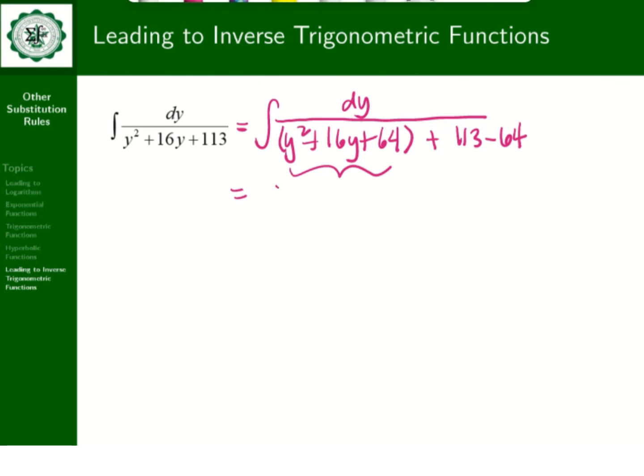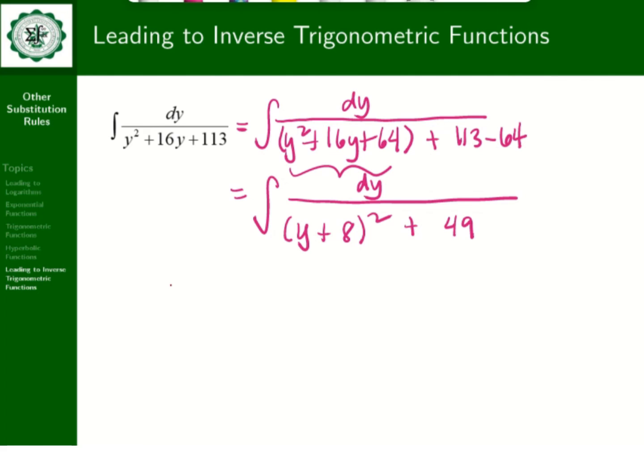So we continue. We have dy for the numerator. We shall write our perfect square trinomial as y plus 8 squared. So y squared plus 16y plus 64 is equivalent to y plus 8 quantity raised to 2, and then plus, 113 minus 64 is 49.